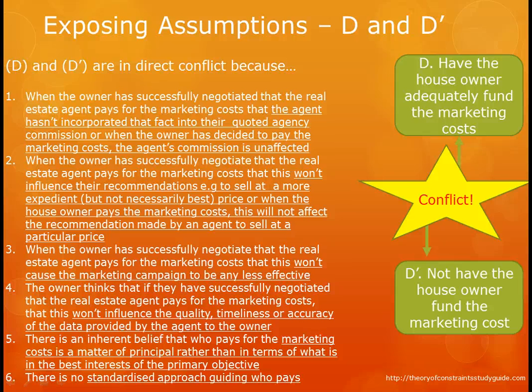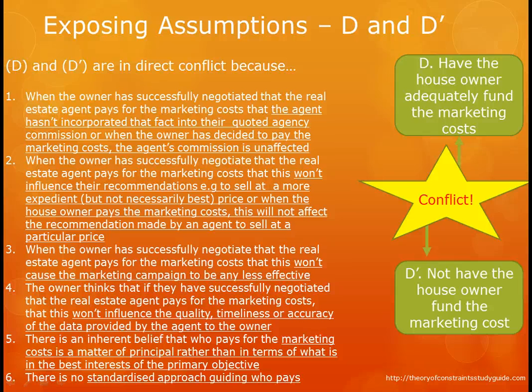He or she will not take a cost reduction perspective or a minimisation perspective. Fourthly, that the owner thinks that if they have successfully negotiated that the real estate agent pays for the marketing costs, this won't influence the quality, timeliness or accuracy of the data provided by the agent to the owner in respect to that marketing campaign.